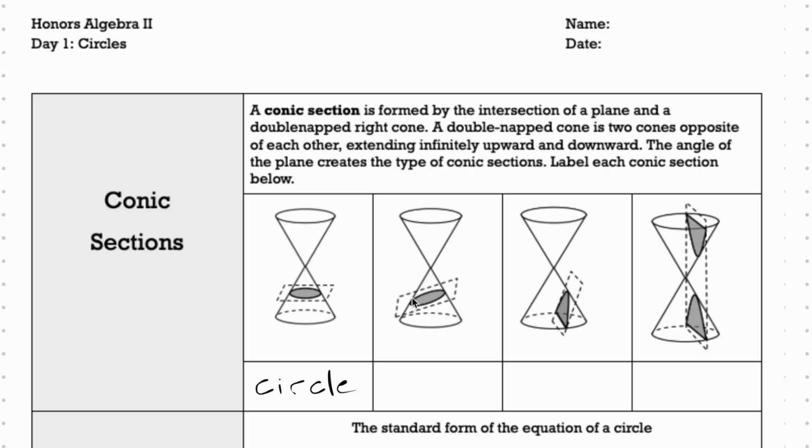Here, when we change the angle that we slice at, this axis is now going to be a little bit longer than before, right? Rather than here where this axis. Now this axis is going to be longer than this axis, and that's going to create an ellipse.